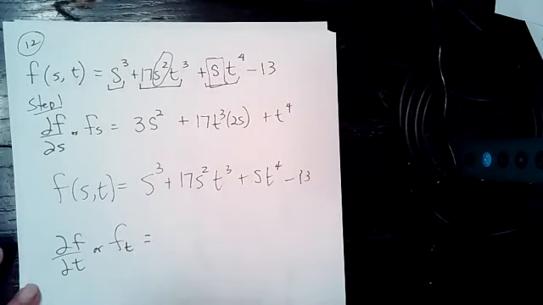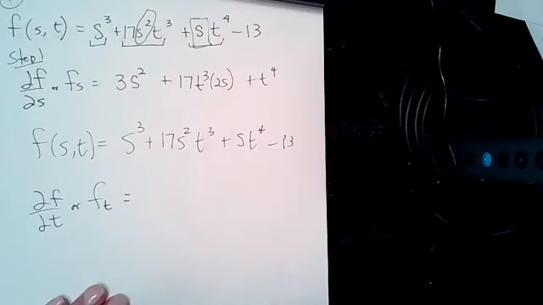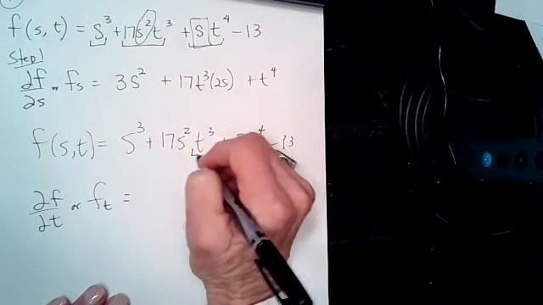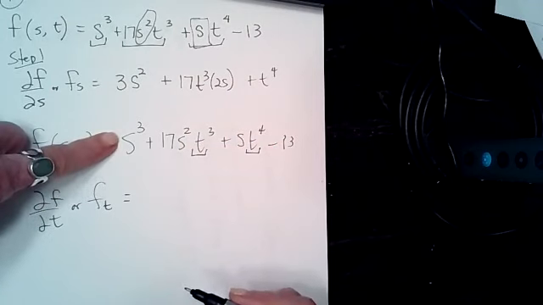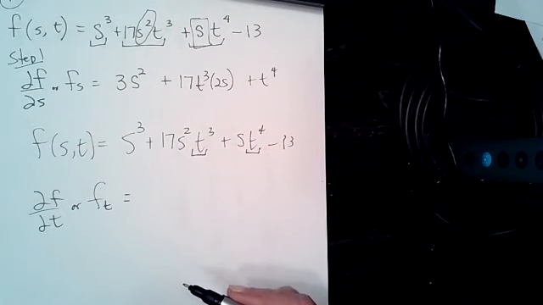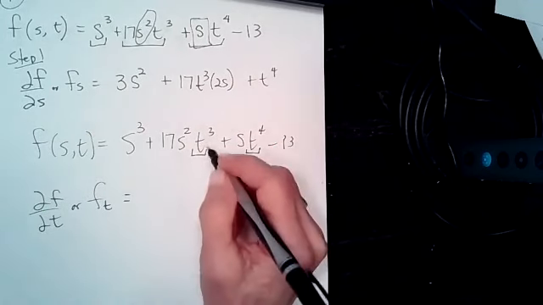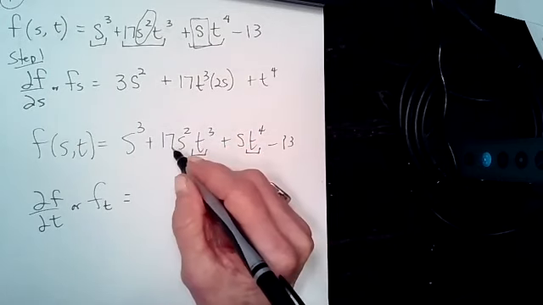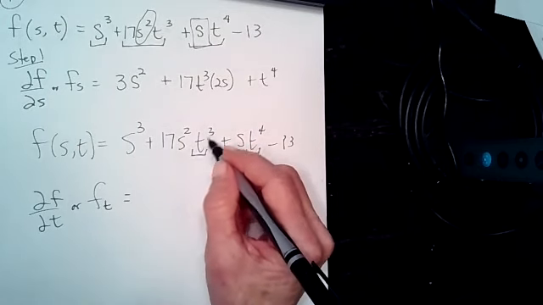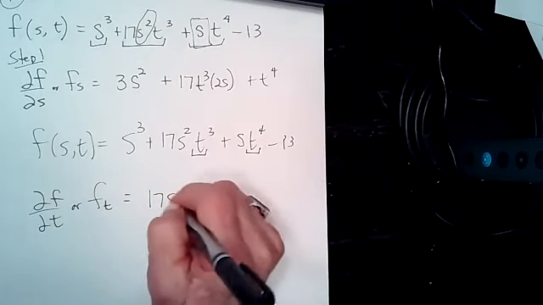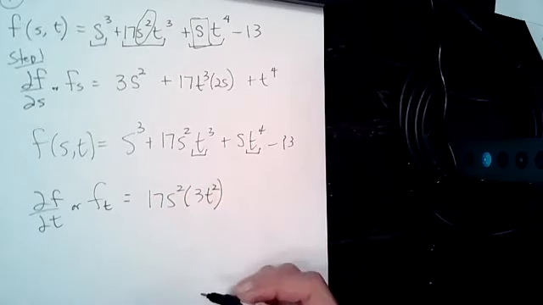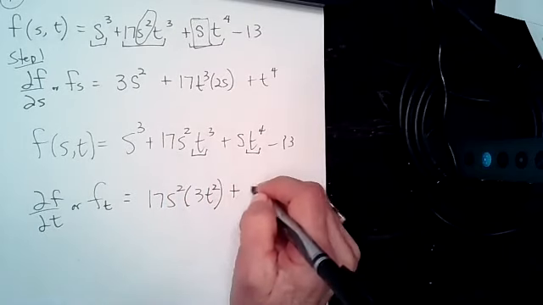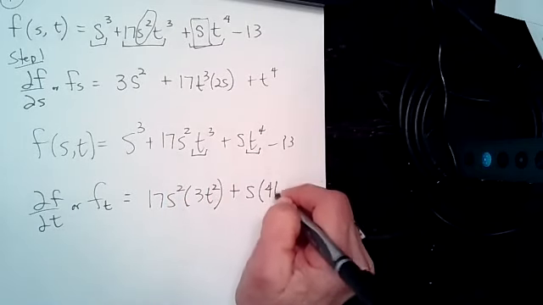I'm not sure how they asked this. I didn't write it down, but it's the last question. So let's go. Here's my t's and here's my t's, right? So the derivative of s cubed is 0, okay? So the derivative of 17s squared times t cubed is 17s squared times the derivative of the t term, plus s times 4t cubed.